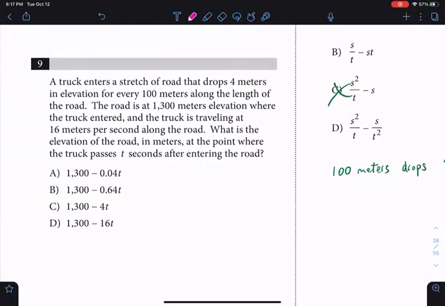A truck enters a stretch of road that drops 4 meters in elevation for every 100 meters along the length of the road. The road is at 13 meters of elevation when the truck enters, and the truck is traveling at 16 meters per second along the road.